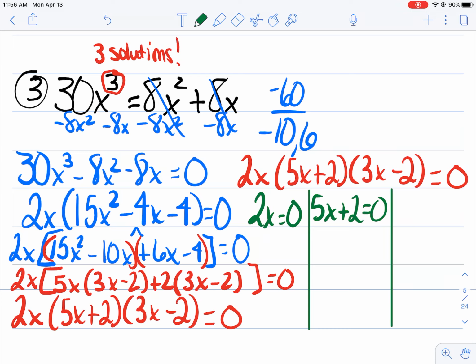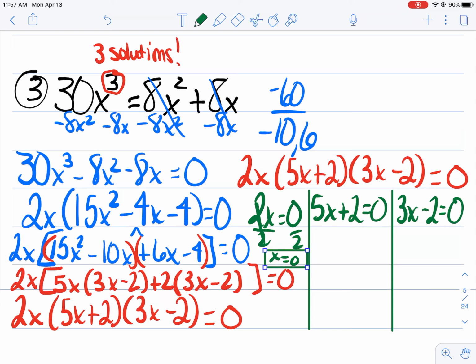And then I have 3x minus 2 equals 0. Okay, so then I'm going to divide both sides by 2. So I get x equals 0 for the first one.